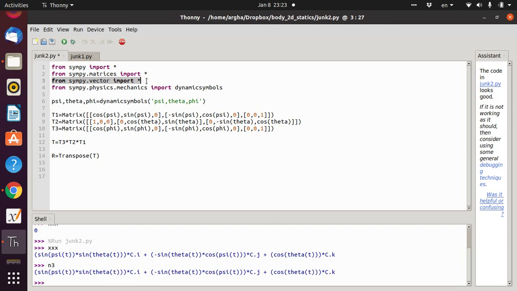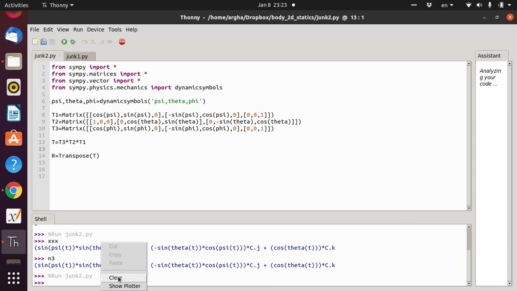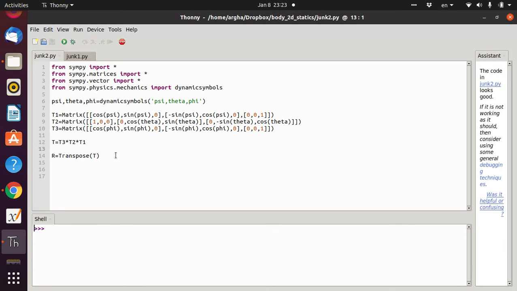So from sympy.vector import star. Why we have imported this vector, you will see a little later. If you run this, okay, so let us clear this space. Now this is the rotation matrix.